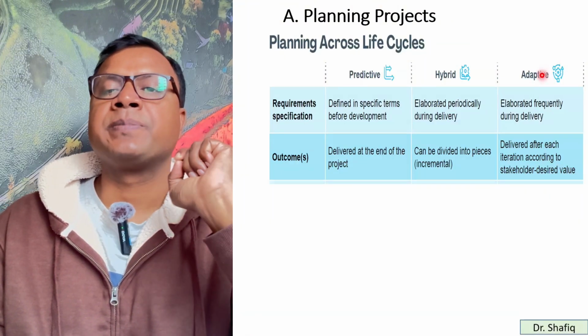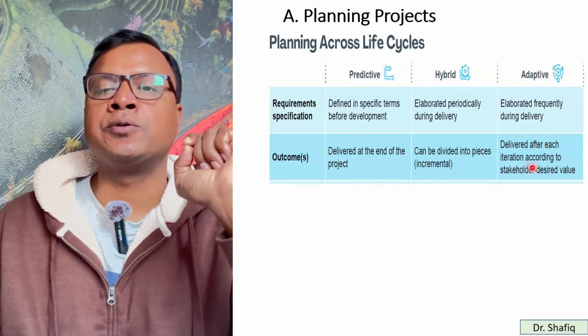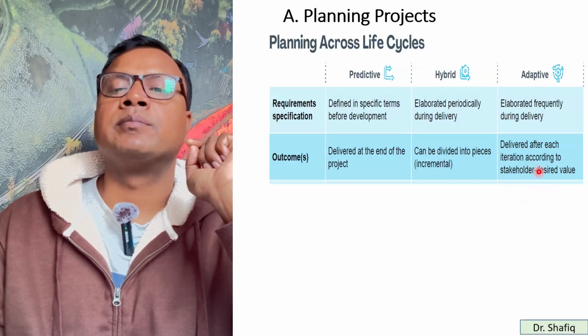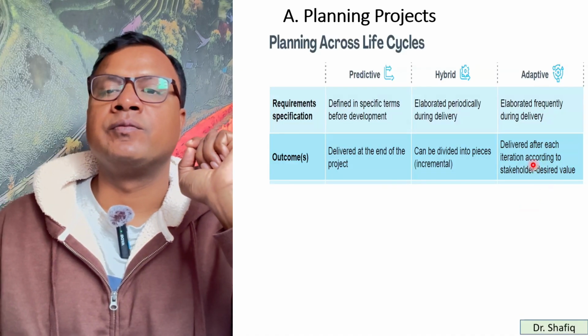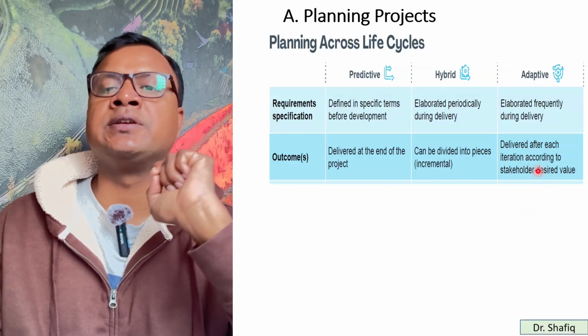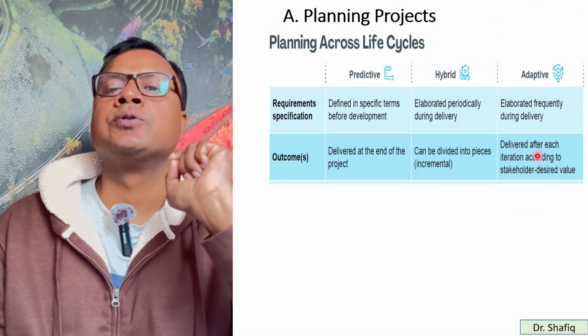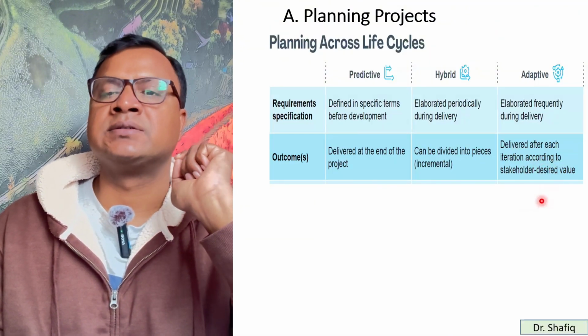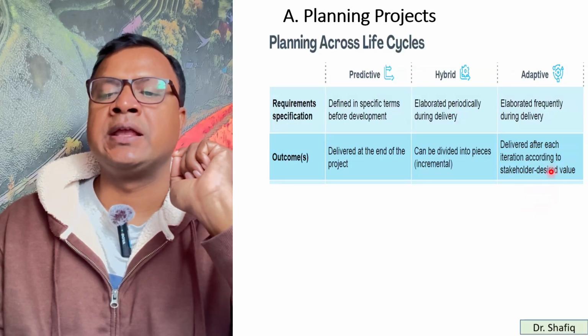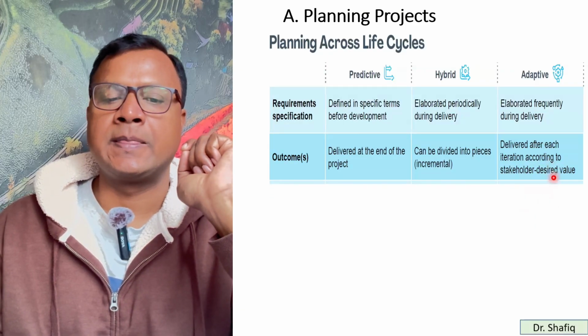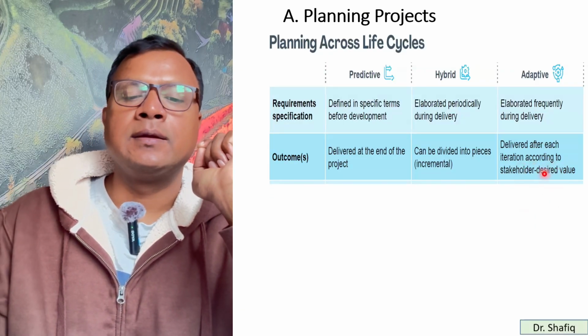So here, in each iteration, stakeholders express their values, aspirations, what they desire, then the project manager has to address them. The scrum lead or team lead has to address this.